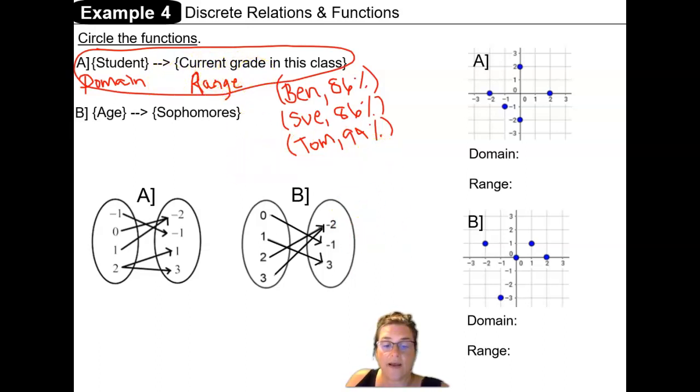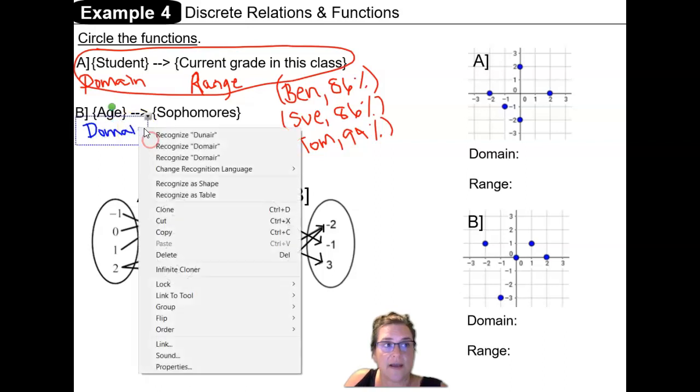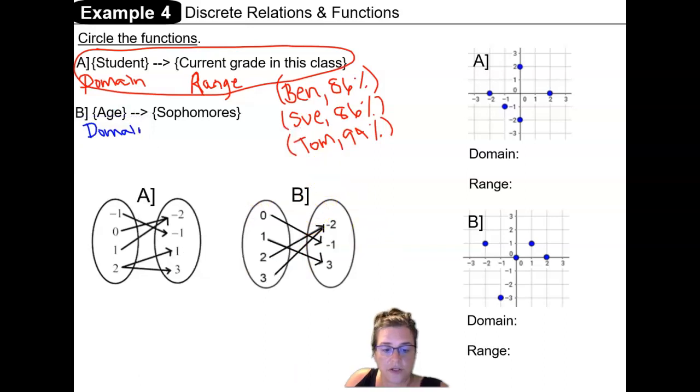Now, when I look at example B, my domain is the age of the student and the range, oh, I lost my pen. Let's get my pen back. So the domain is the age of the student, and then the range is the sophomores. So students who are sophomores.